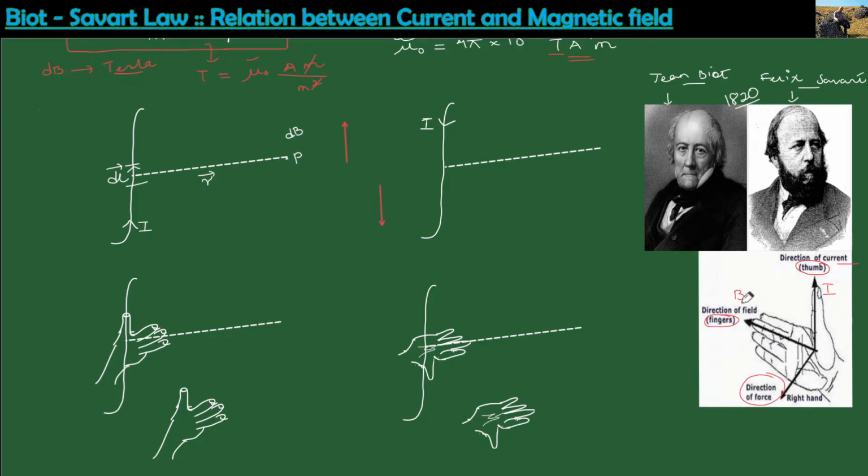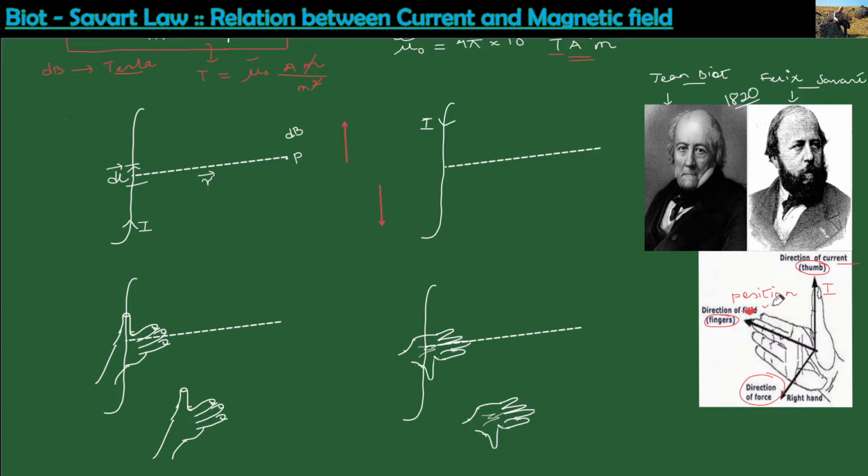Which means in this case, we will not take the direction of B first of all. The outstretched fingers will give us the direction of the position vector.